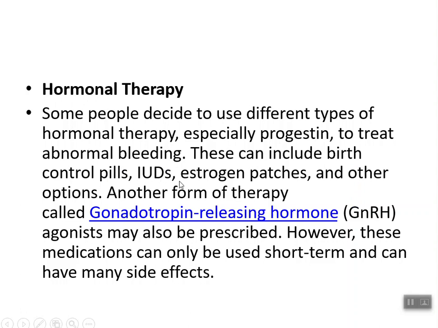IUDs, intrauterine devices, estrogen patches, and other options. And another form of therapy is GnRH therapy, gonadotropin releasing hormone agonist, which may also be prescribed to treat metrorrhagia. This medication can only be used for a short term, and hormonal medications have many side effects.